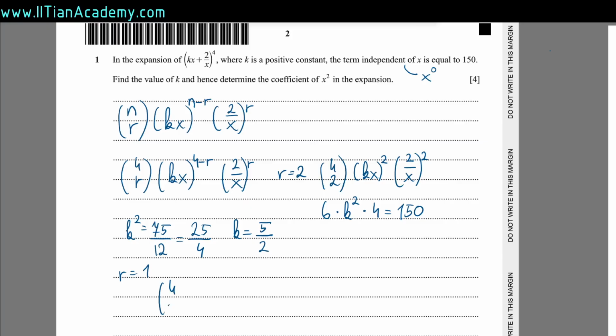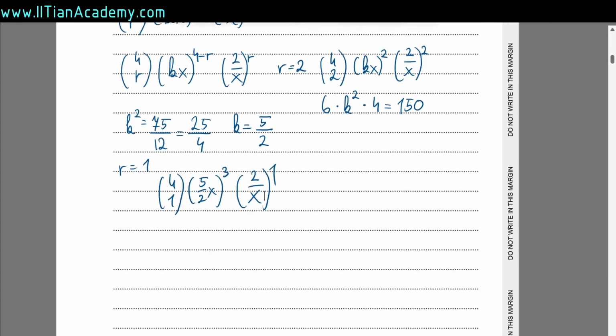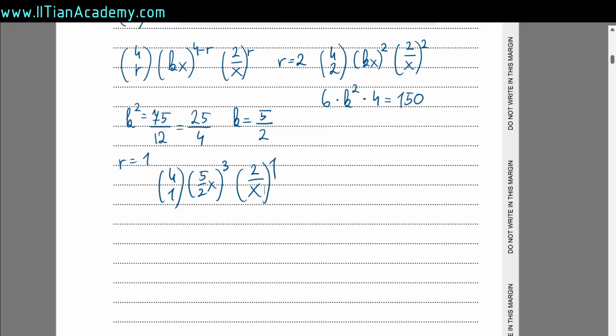And so we have 4 choose 1, and then k is 5 over 2, x to the power of 3, multiplied with 2 over x to the power of 1. If we simplify this now, 4 choose 1 is 4.